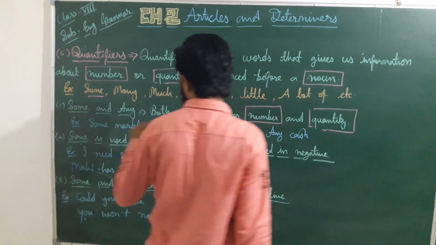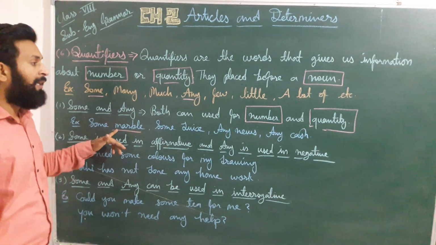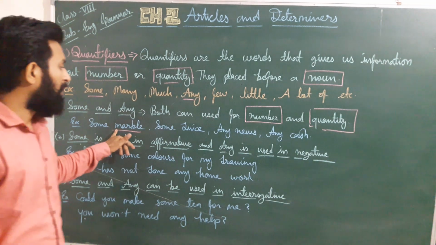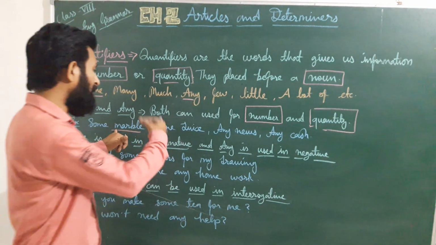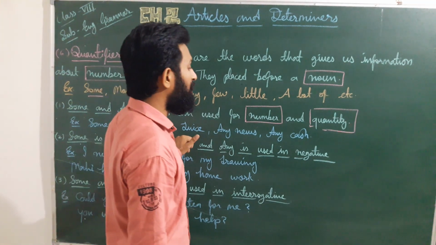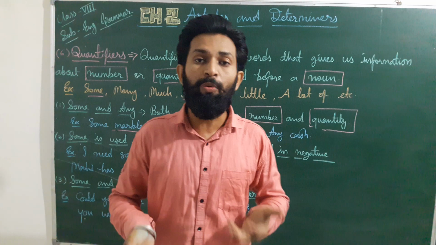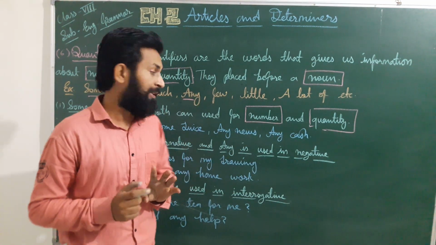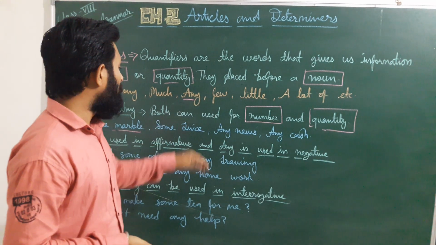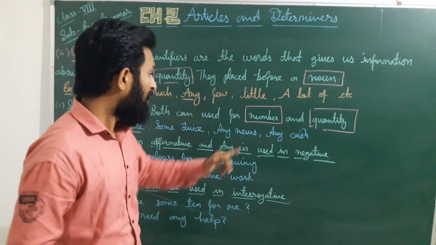One example is written here: some marbles is about number, and some juice is about quantity. Dear students, numbers mean whichever thing is countable, counted in numbers like 1, 2, 3, 4, 5, 6. Whatever is measured in quantity, like 1 liter, 2 liters, 3 liters, is about quantity.